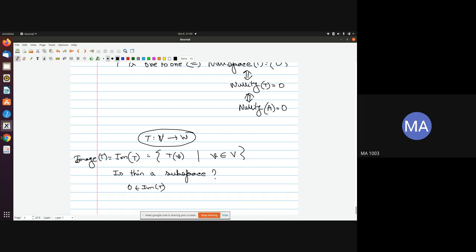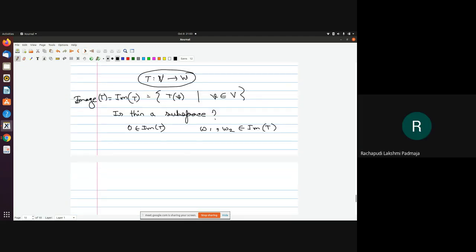Now, suppose I am taking two elements, W1 and W2, both of them belonging to the image of T. What does it mean? No, this is the image. It means there exists some V1 such that T(V1) equals W1, and some V2 such that T(V2) equals W2. So there are pre-images of W1 and W2.